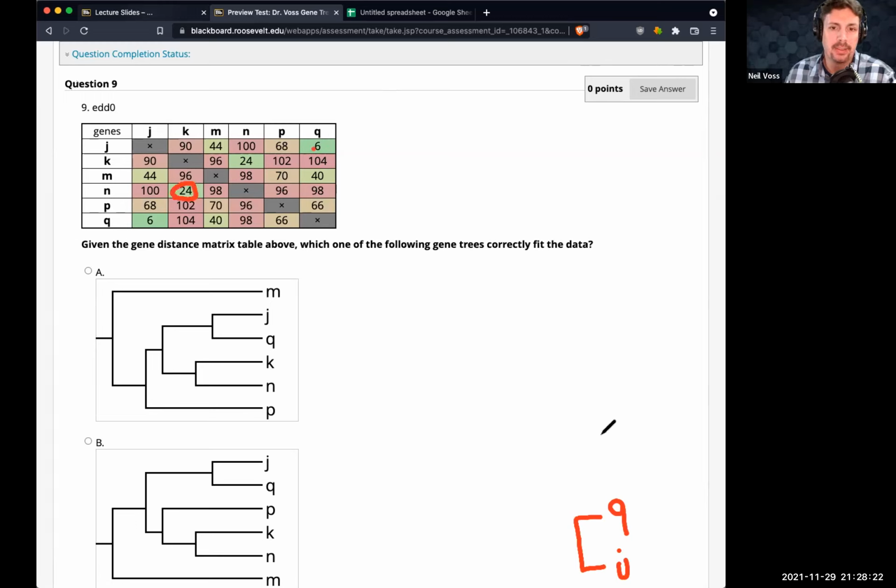K and N are going to connect before they connect to anything else. My next lowest number is 40, but notice it's a letter I've already used. So M looks like it's pretty close to both J and Q. I should have given myself more room, but I'll put M right here.